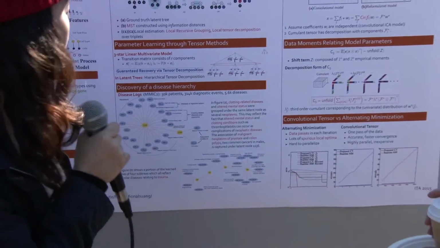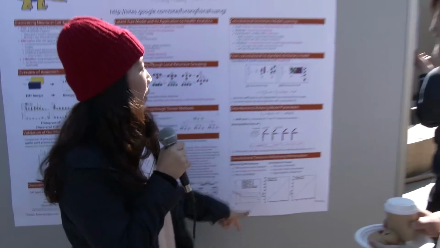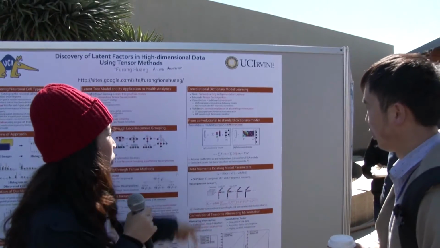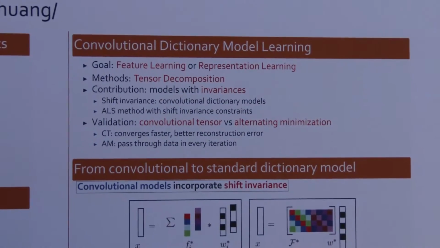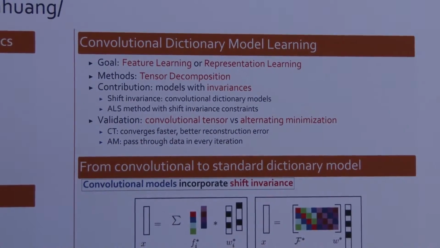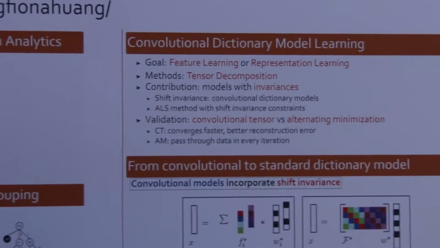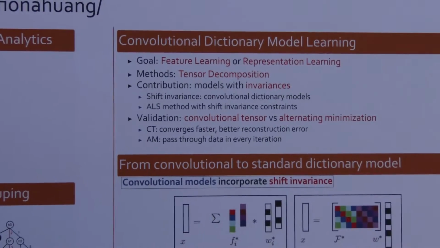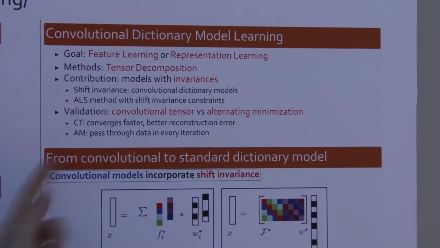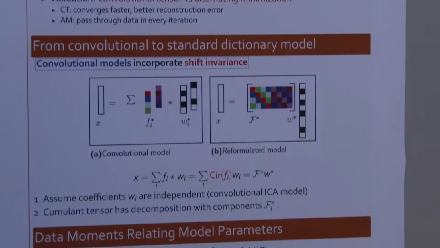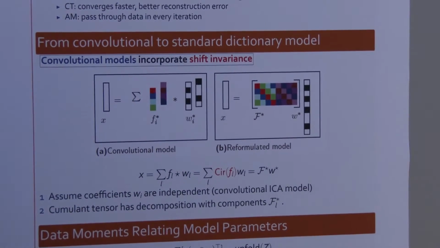Okay, yeah, right. Another application that I wanted to briefly introduce is the convolutional dictionary learning model. We know the traditional sparse coding model, where the data is a linear combination of some underlying components. But when the data have shift variance, we want to use convolutional models to model that.